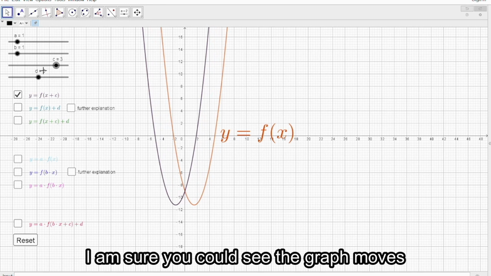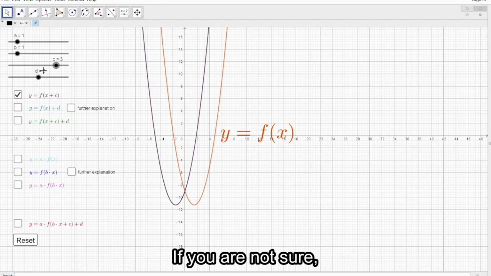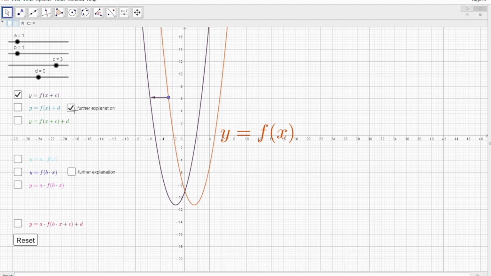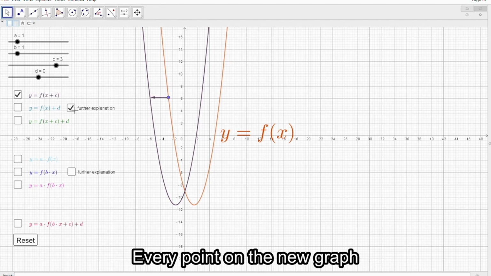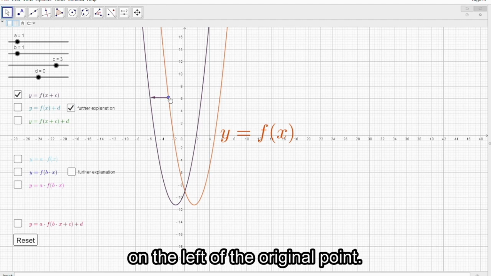I'm sure you could see the graph moves to the left-hand side by 3 units. If you are not sure, check the point I am showing you. Every point on the new graph is just 3 units to the left of the original point.